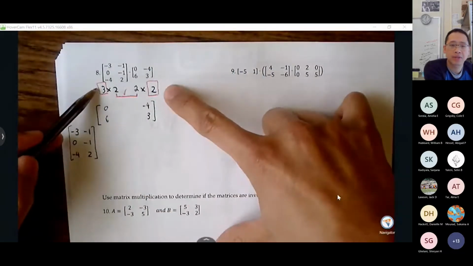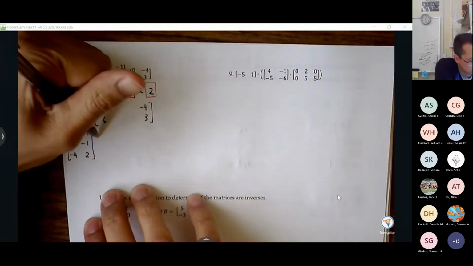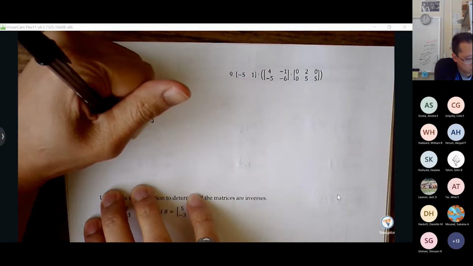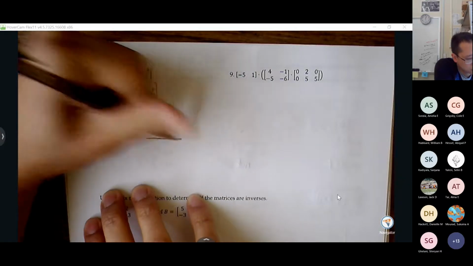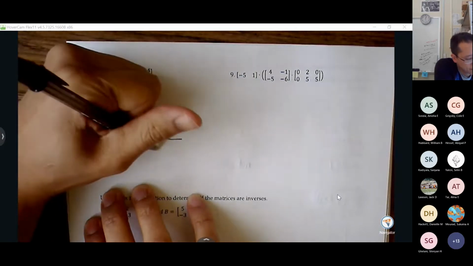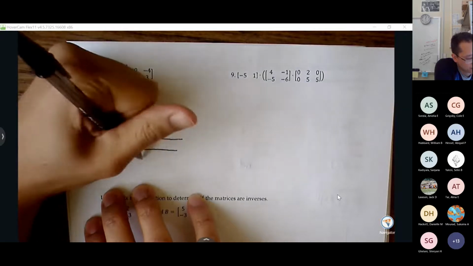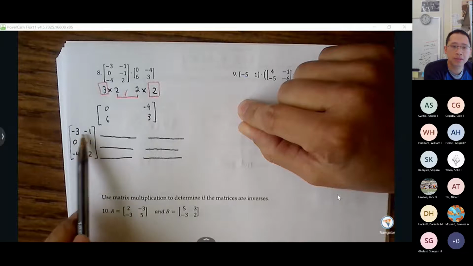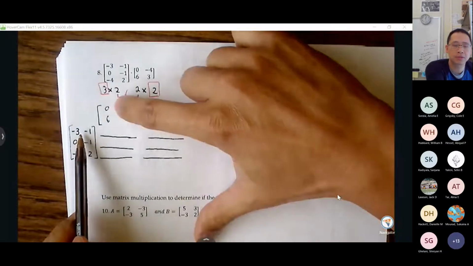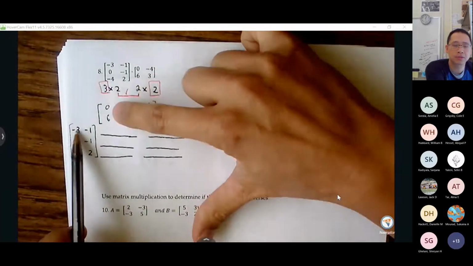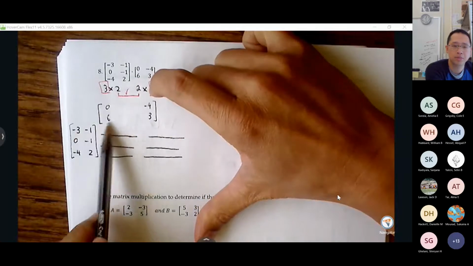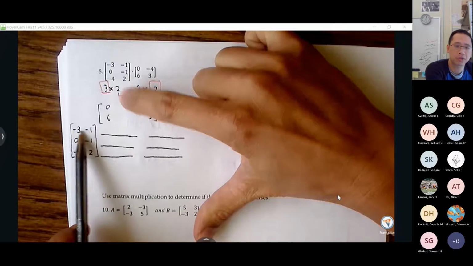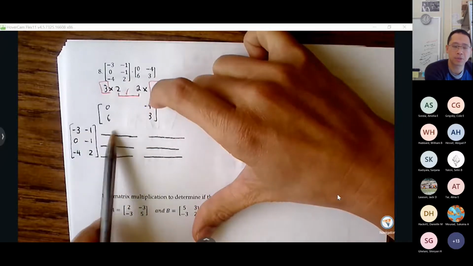Okay, we're going to end up with a 3x2 matrix, 3 rows, 2 columns. Move from left to right on the first matrix and go top to bottom on the second matrix. Okay, so this space is first row, first column. So we're going to look at first row and first column to get these numbers to show up.